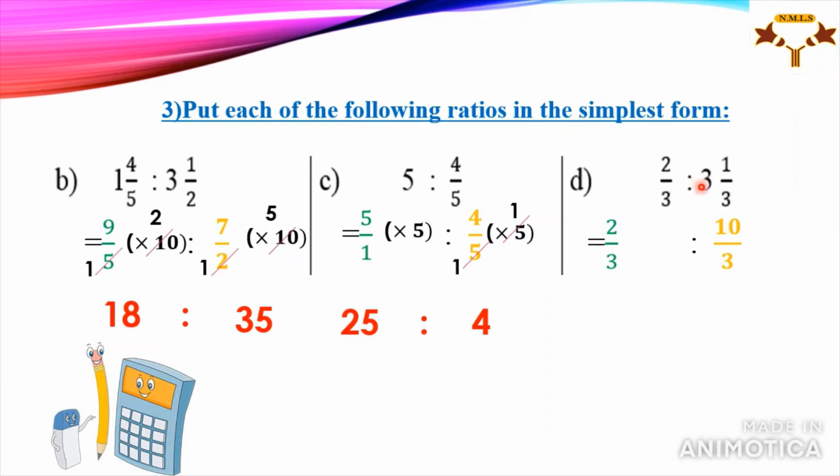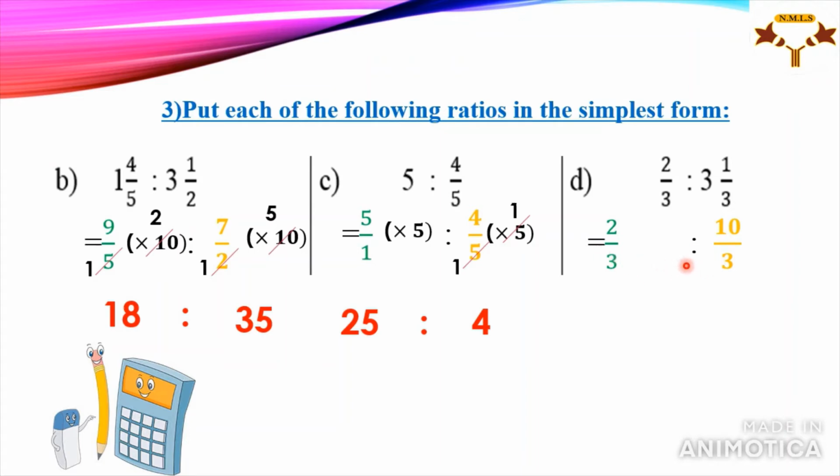Number D, 2 over 3 to 3 and 1 over 3. I convert 3 and 1 over 3 into an improper fraction: 3 times 3 is 9, 9 plus 1 is 10 over 3. So here 2 over 3 to 10 over 3.